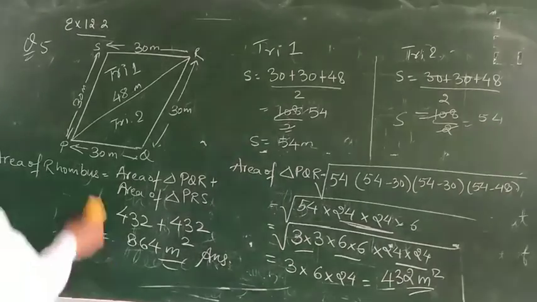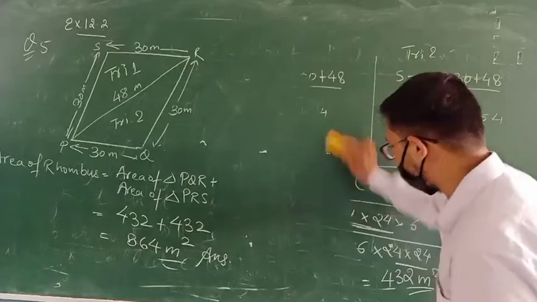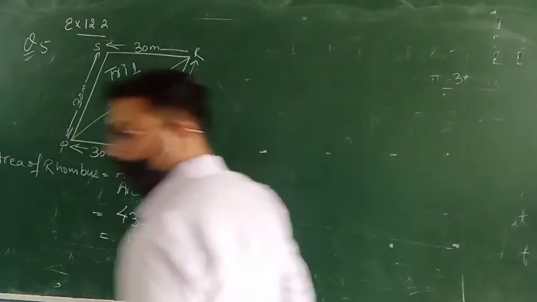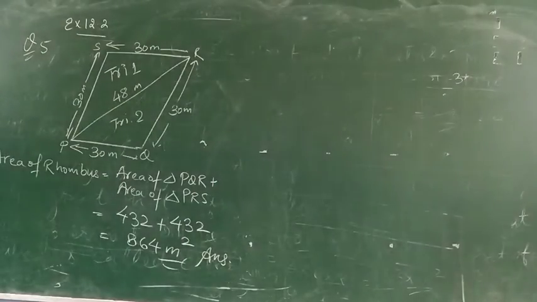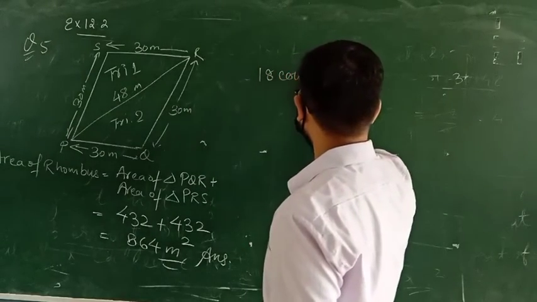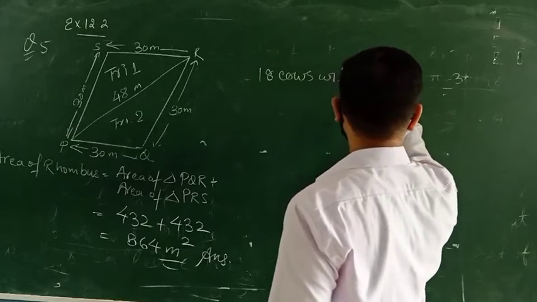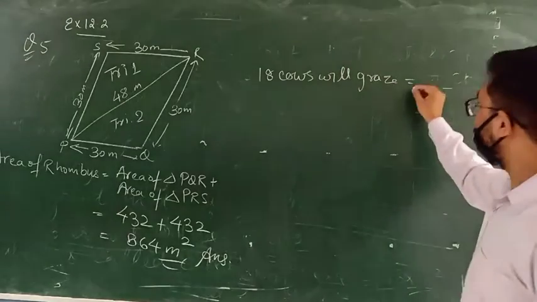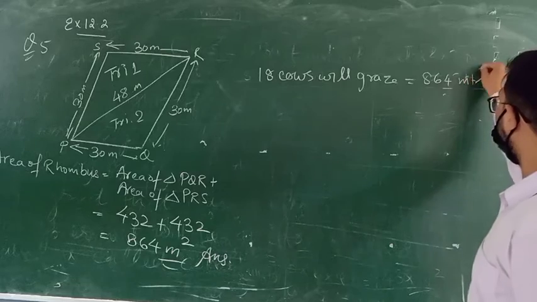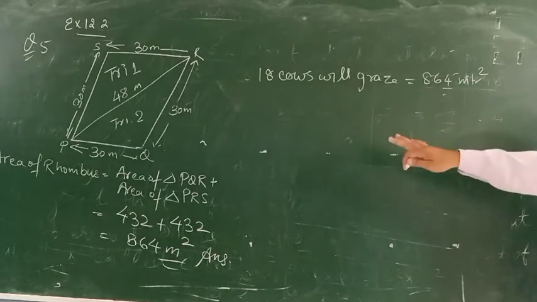So obviously, now you have 864 meter square. This is the complete area for grazing of 18 cows. Now what will you do? 18 cows will graze on 864 meter square area, so this much area is available for 18 cows.